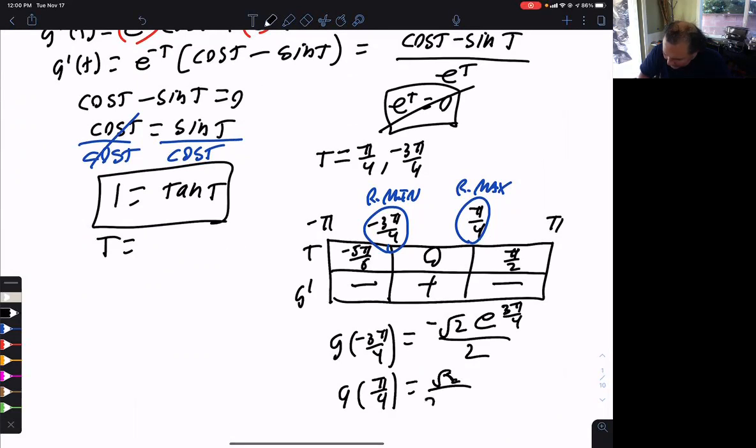I'm surprised they don't give me an approximation for that. Well, I think they did. Yes, they did. So it's about negative 7.46, negative 7.5, I'll say. And then the maximum point is about 0.32. Okay? So that gives me the rel min and rel max.